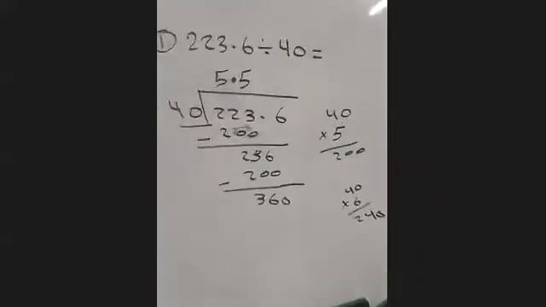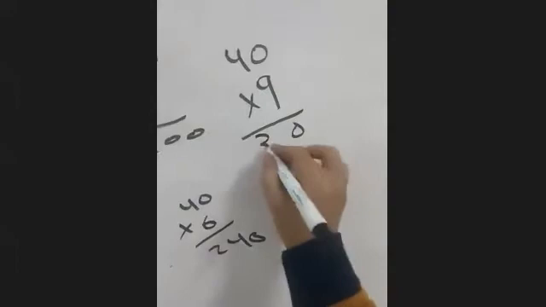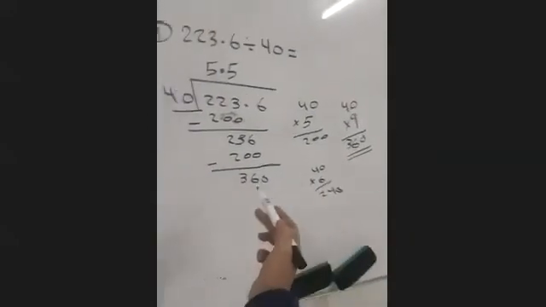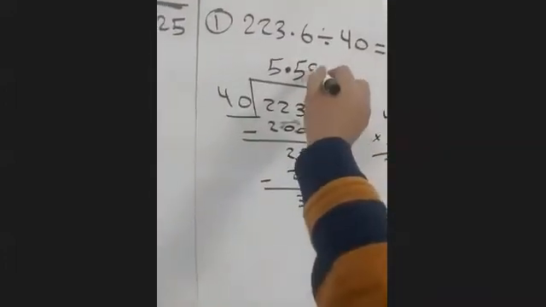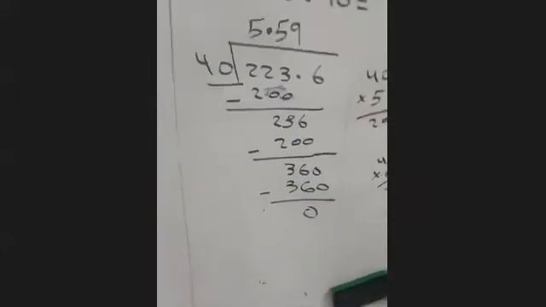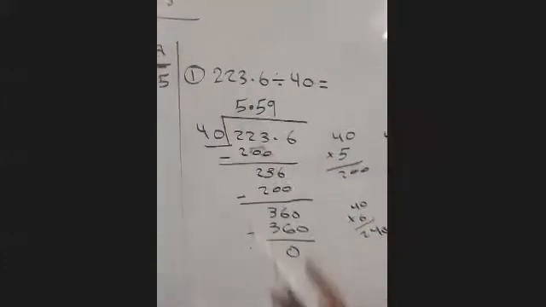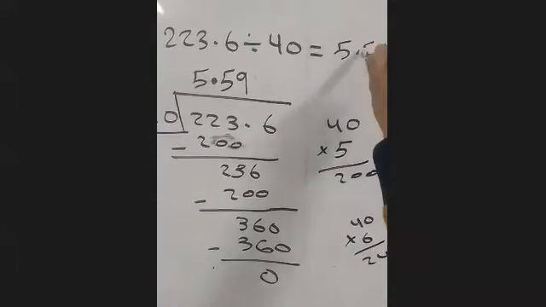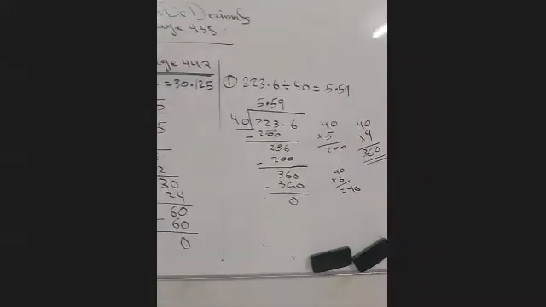I will guess 9. 9 by 40. 9 by 0, 0. 9 by 4, 36. Look here and look here. 360, 360. So here I'll put 9. 9 by 40, 360, minus, remainder 0. Now the answer is 5.59. This is question 1, page 447.